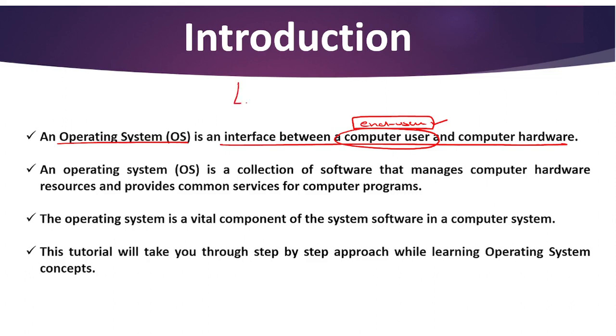So there is an interface between the user of a computer and computer hardware, for example your monitor, your keyboard, your CPU, etc. The interface that is used to connect a user to the hardware, a user to the software under this computer system, is called the operating system.